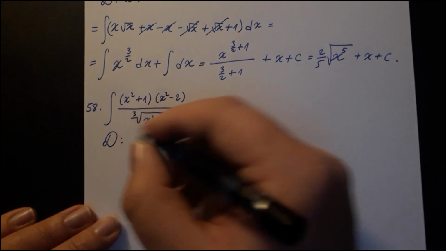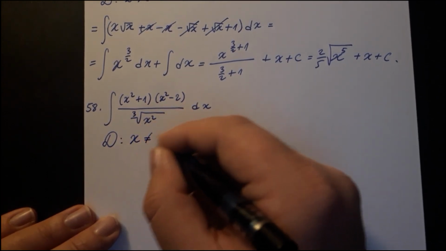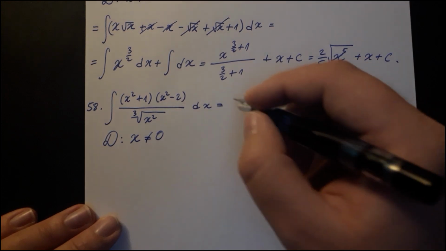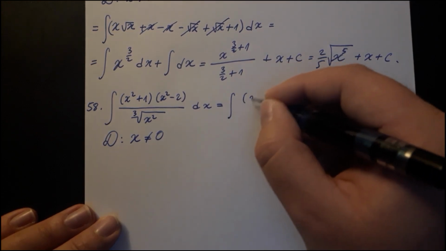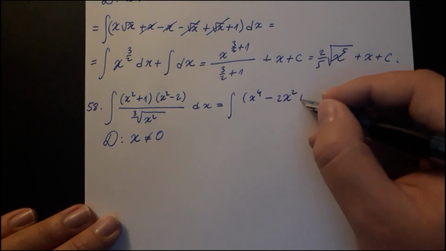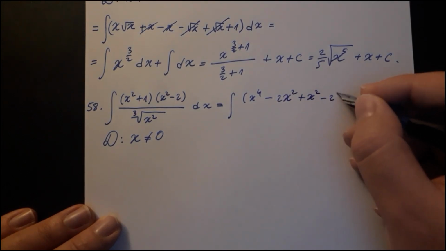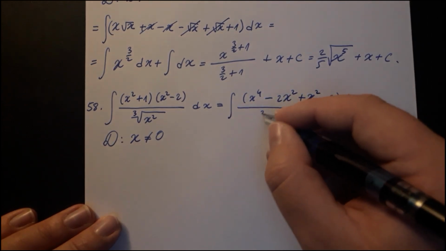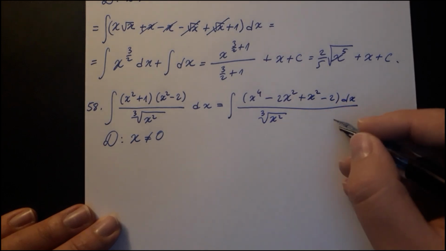Area in which this integral is defined is for all x is different than 0, and this integral can be written as an integral of x to the 4th power minus 2x squared plus x squared minus 2 dx divided by cubic root of x squared.